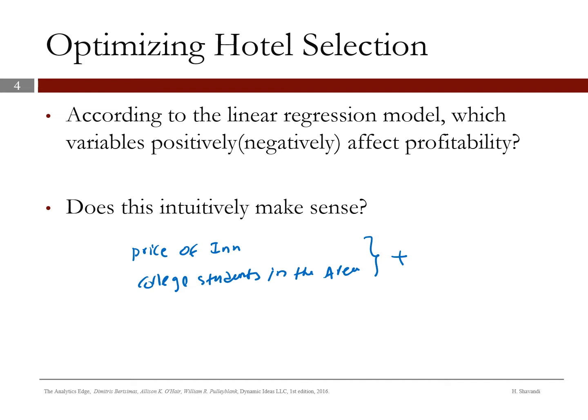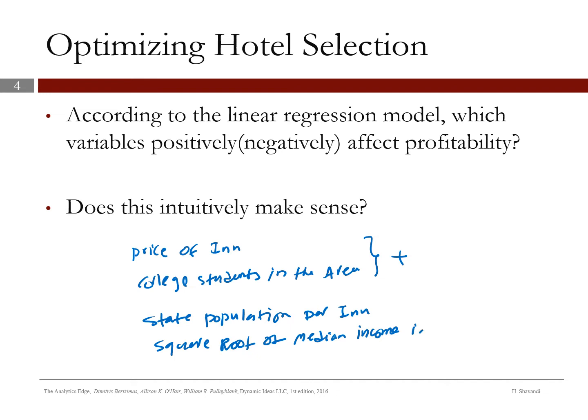And the variables state population per inn and the square root of the median income in the area, these two variables have a negative impact, okay?